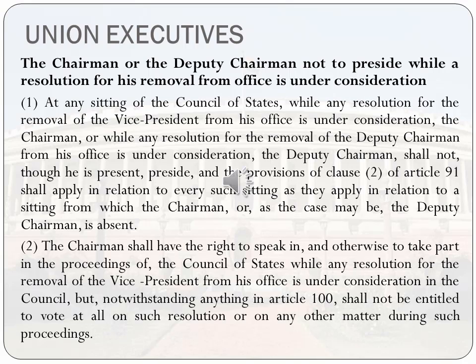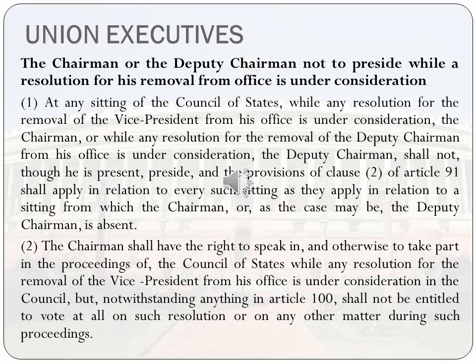The provisions of clause 2 of article 91 shall apply in relation to every such sitting as they apply in relation to a sitting from which the chairman or, as the case may be, the deputy chairman is absent. So if a resolution is being introduced in the house for the removal of the deputy chairman, in that case only the chairman can chair the house.